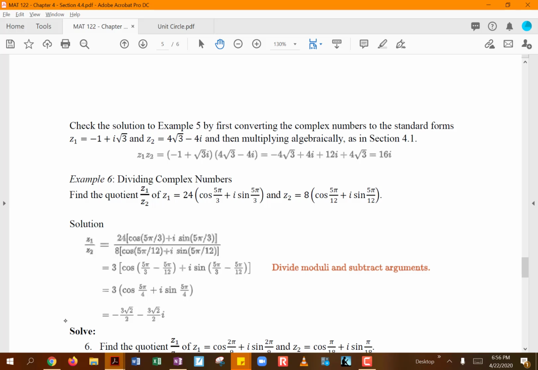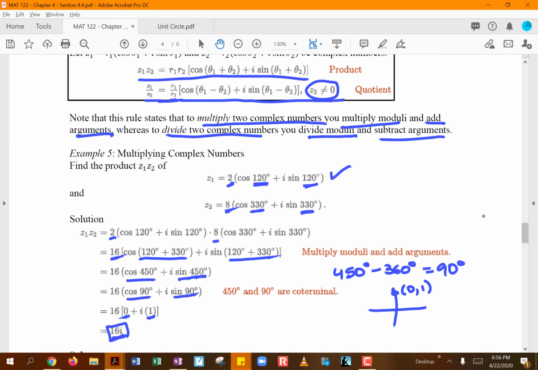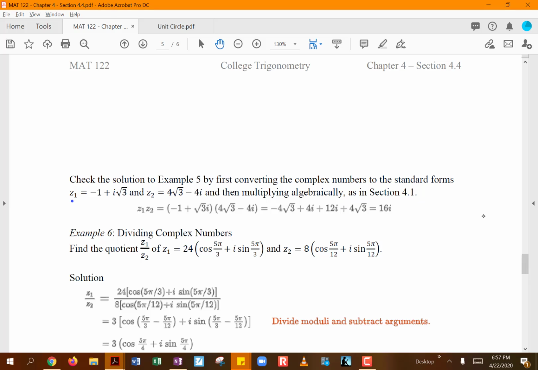So you can actually take these complex numbers that you have here in trigonometric form, and you can convert them into standard form, and then just use the method we saw in section 4.1, where you just go ahead and FOIL these two numbers, go ahead and clean it up, and you end up getting 16i as your answer, because you will see negative 4 square root of 3 will cancel out with positive 4 square root of 3, and then you're just left with 4i plus 12i, which adds up to 16i.